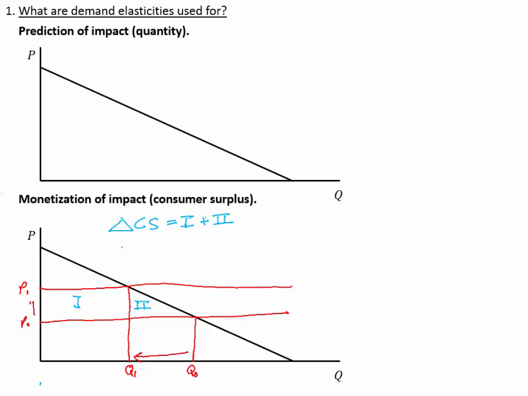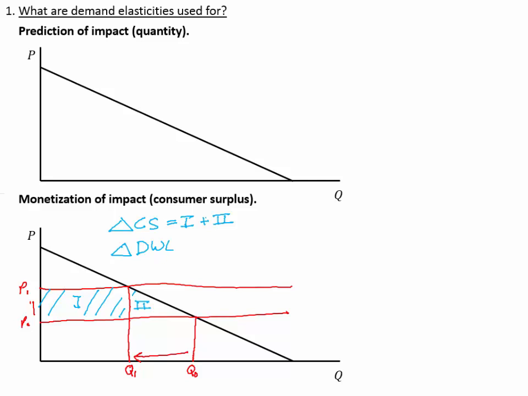Meanwhile, in many cases, what we'll want to know is simply the deadweight loss, because in many cases, this portion of the loss of consumer surplus will be a transfer, either to taxpayers through tax revenue, or possibly to producers through an increase in producer surplus.